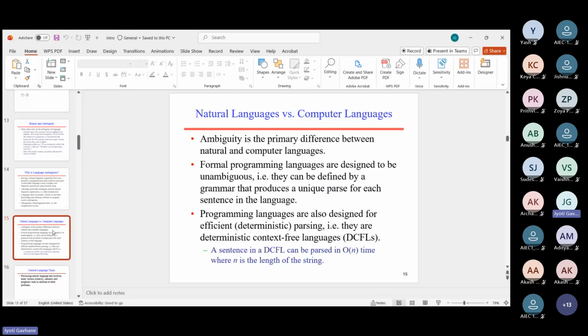Now, this is very important because I know that you understand natural language, but a computer won't understand natural language. That's why we have to convert natural language into computer language. So ambiguity is the primary difference between natural and computer language.